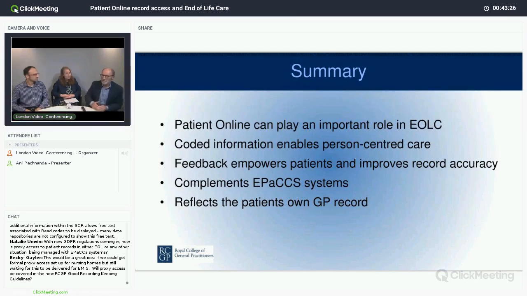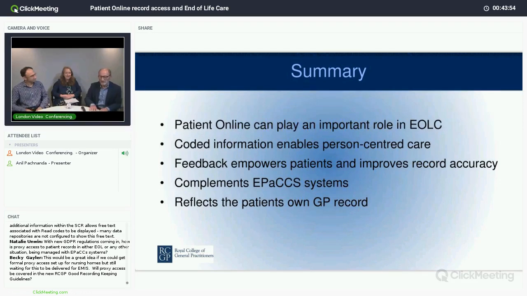There are fears about patients being dissatisfied because they see something that's not right, or even that they may be cross or angry because they see something that they disagree with. "I've not got that condition, doctor. Why have you put that in there?" We do address a lot of these questions in detail in the guidance, so I don't want to spend a lot of time talking about it now.